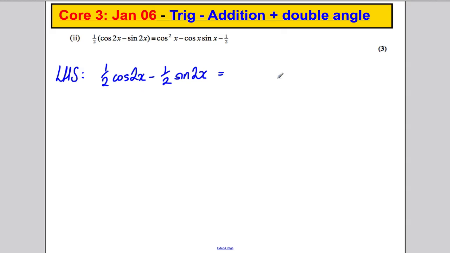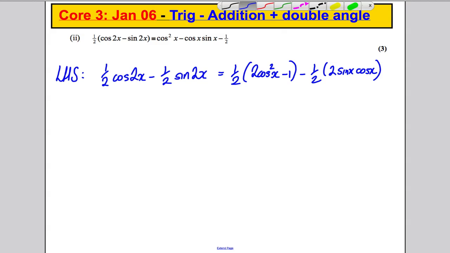So we could say that cos 2x, you should know this, is 2 cos squared single x subtract 1, subtract a half, and sine 2x is 2 sine single x cos x. You should know those substitutions. You should know that cos 2x is equal to that, and you should know that sine 2x is equal to that. We'll be able to derive it very quickly.